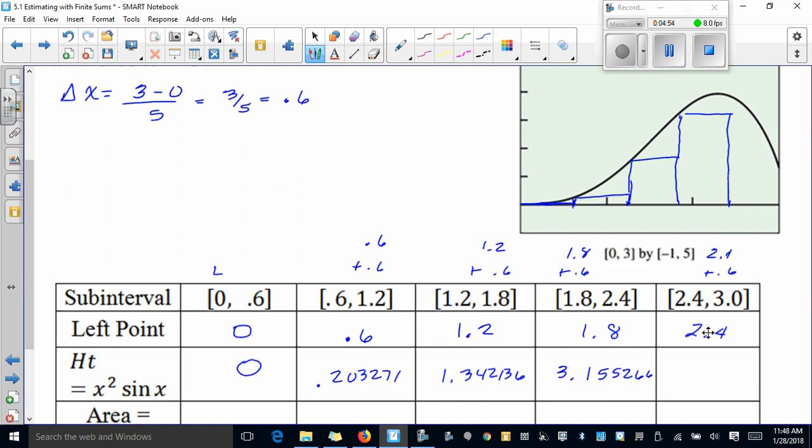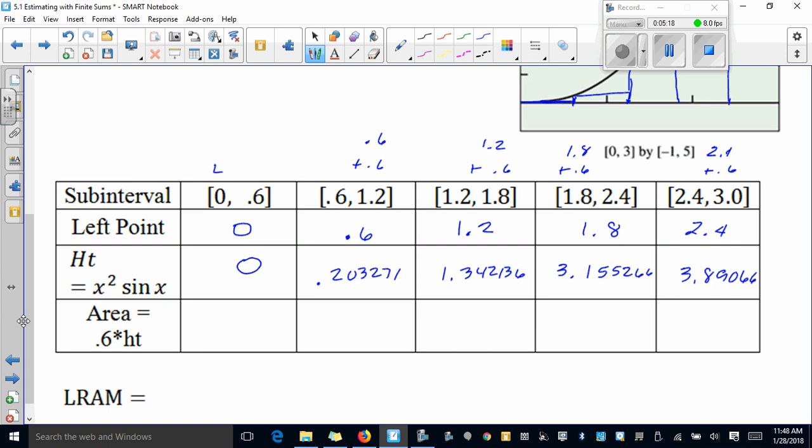3.89066. So our area is going to be 0.6, which is our delta x, or our bases, times all of our different heights. Well, this guy is still 0. This guy is going to give me 0.121962. This guy is going to give me 0.805281. 1.893159, and last but not least, 2.3344.